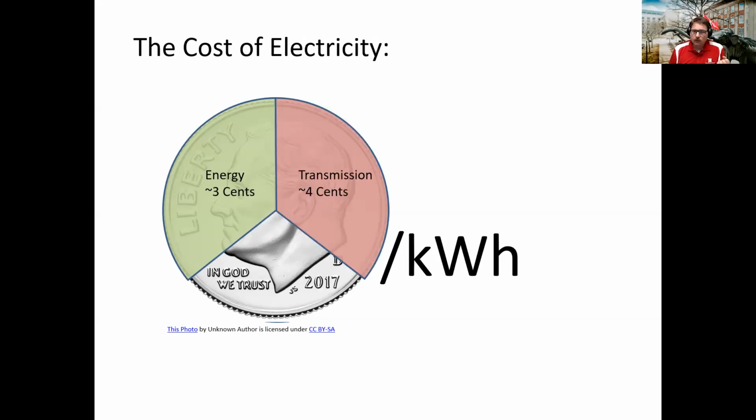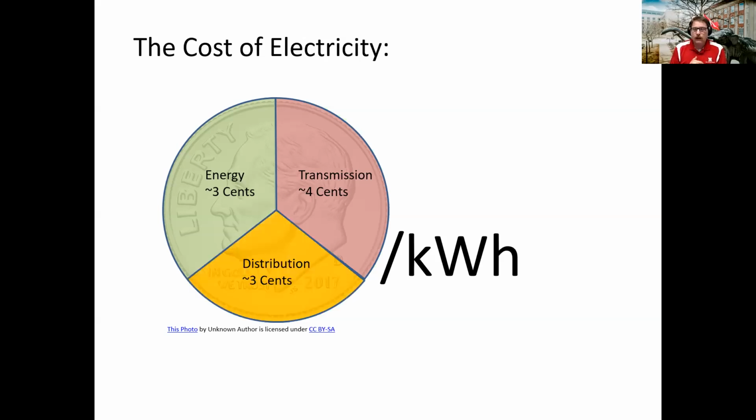Another portion of that kilowatt hour is the transmission, which is the maintenance of the long distance transmission lines across the United States or our region. And we have to pay for that to keep those in good order. And then a third portion of that is distribution, which we can imagine is our local power lines in our city or town or our local area.